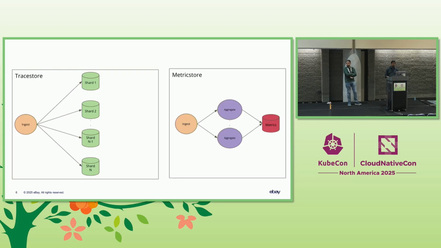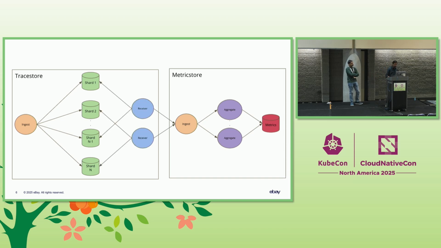And we also have a metric store. Sandeep will talk about how the metric store is laid out a little later. But you have OpenTelemetry collectors that write to a gateway, and from the gateway we aggregate and then write into a metric store, which is in this case a cluster of Prometheus pods.